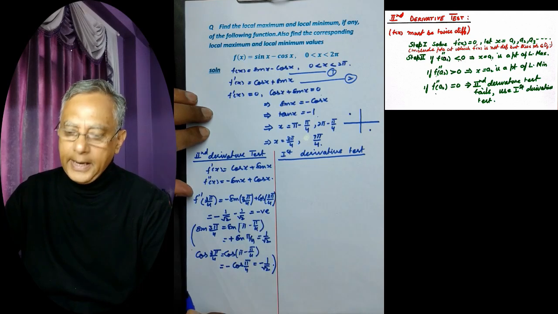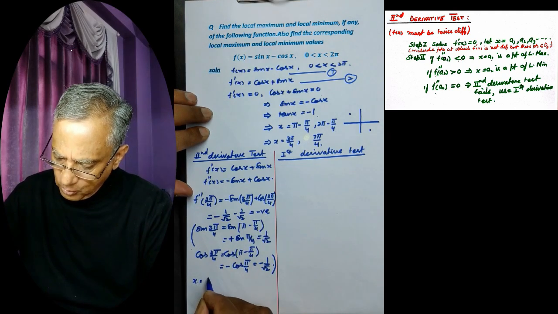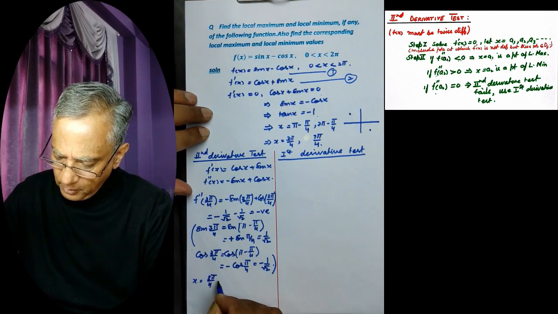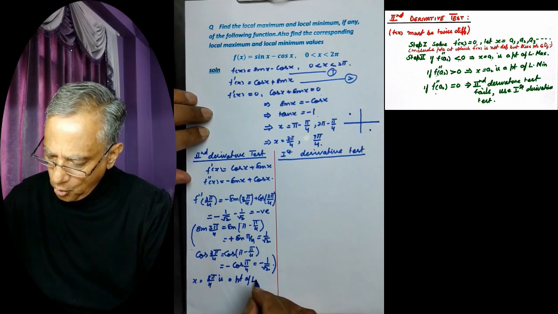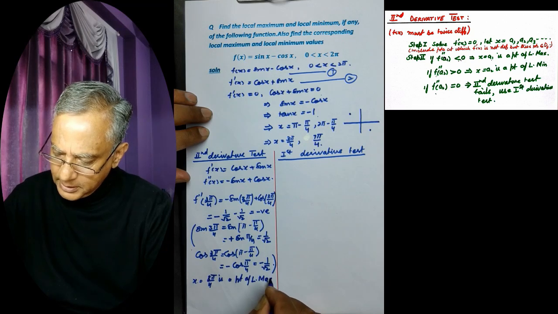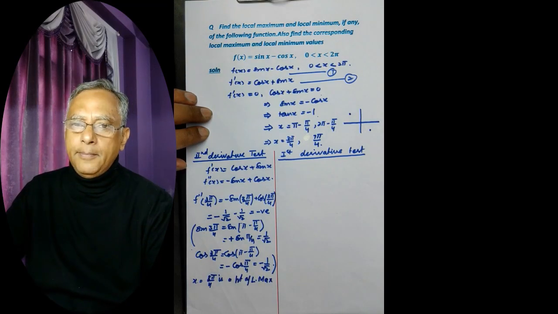This is negative. And therefore, x equal to 3 pi by 4 is a point of local maximum.